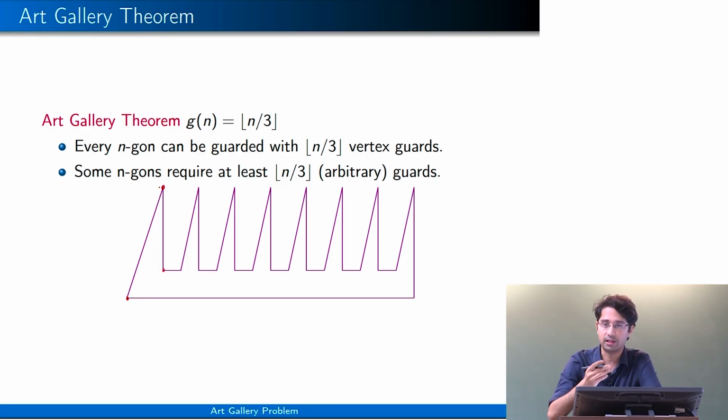I am talking about vertex guard where you are only allowed to put guards in a polygon vertex. Then again you need one of them in these 3 vertices. You can make this width very small so that a guard here cannot see anything here or misses at least one point here.